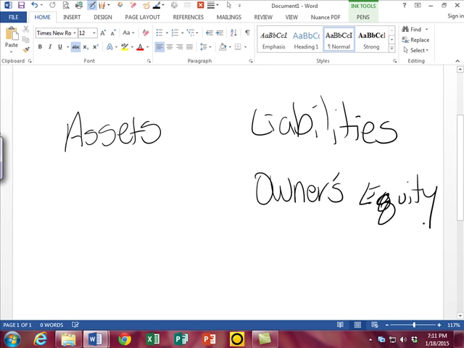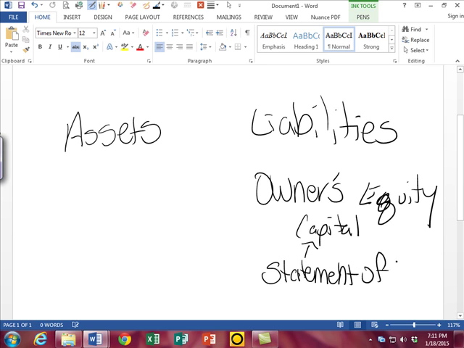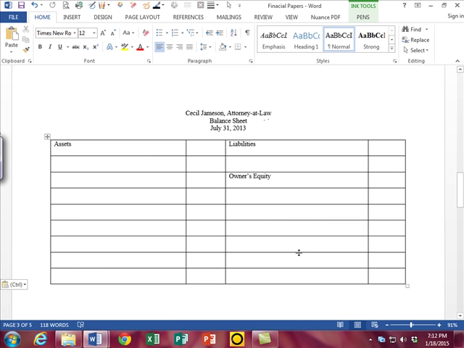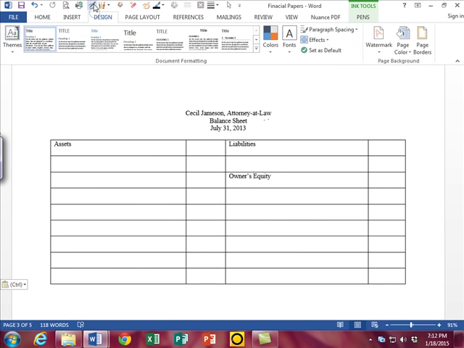However, for this particular owner's equity, this is strictly the ending capital that comes from the statement of owner's equity. Okay, so we're going to list all assets, liabilities, the capital account from the statement of owner's equity, and assets should equal liabilities plus owner's equity. So let's see how this works for Mr. Jameson.